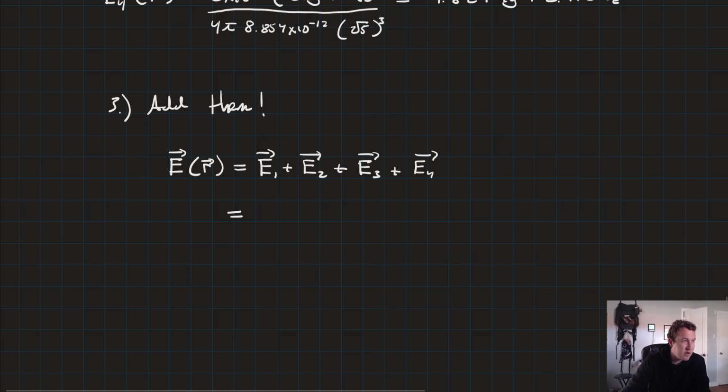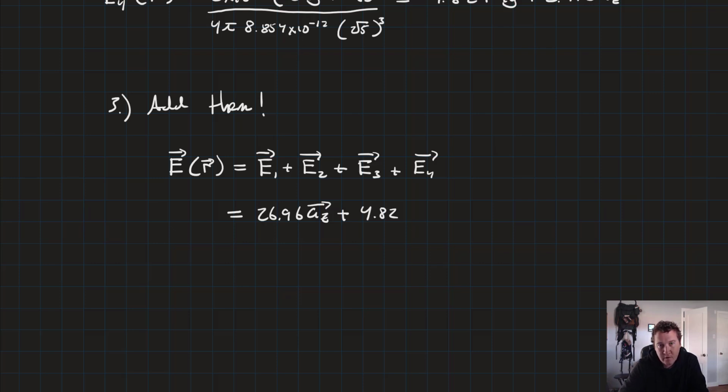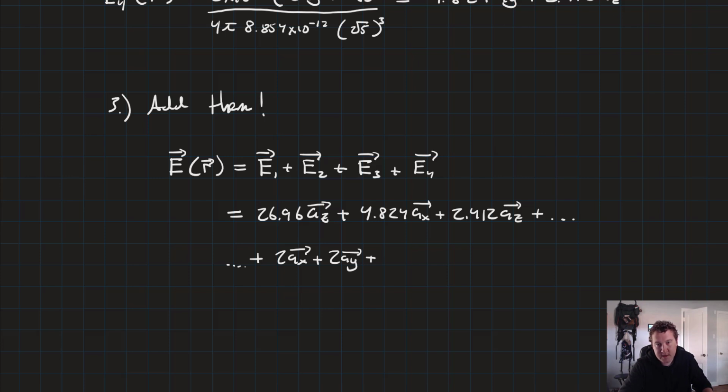So if we bring everything back, that's equal to E1, which was 26.96 a sub z, plus E2, which was 4.824 ax plus 2.412 az, plus 2 ax plus 2 ay plus az.